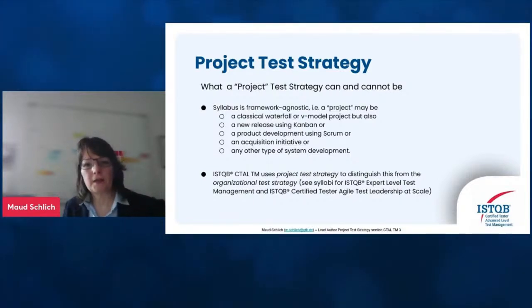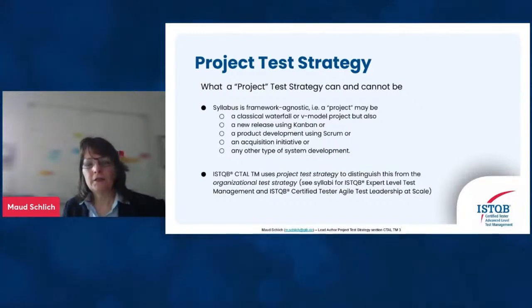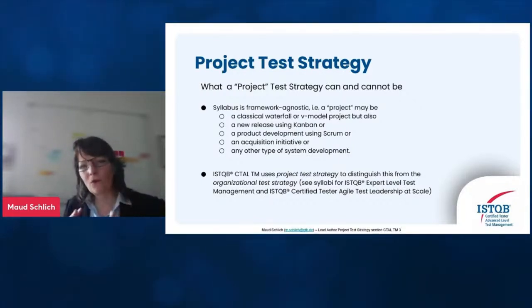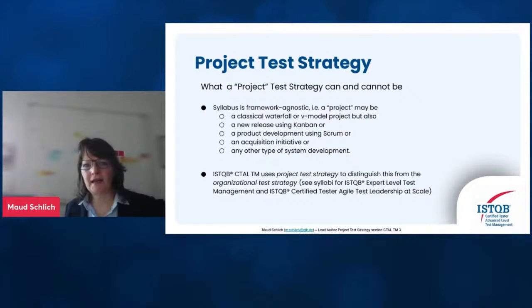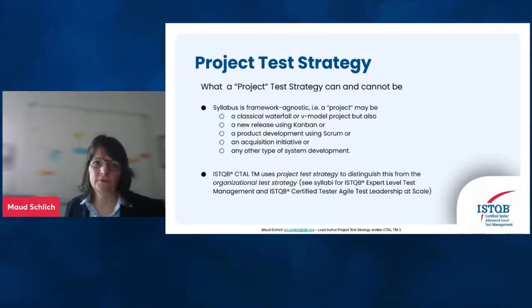Here, in this chapter, in the section, and the whole syllabus, we are using the organization test strategy to come up with our smaller derived project test strategy. And remember, it's not about projects alone, it's about any kind of software development or system development.